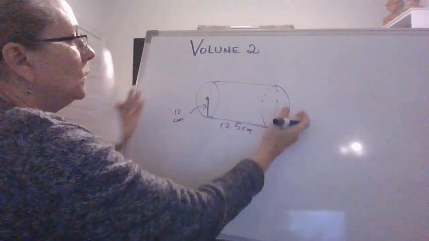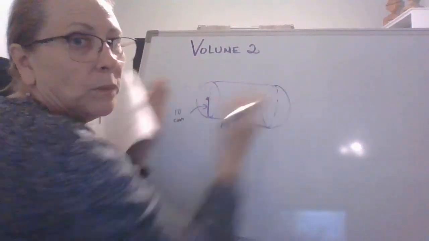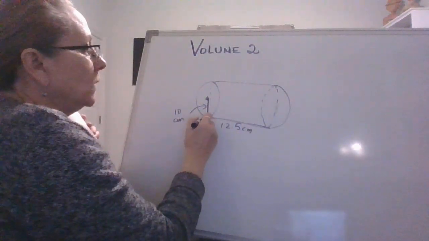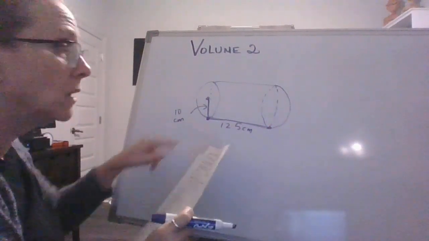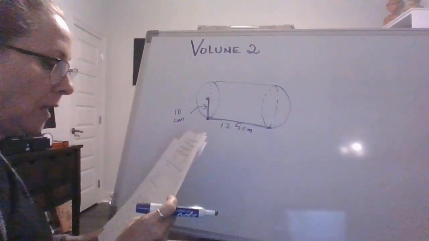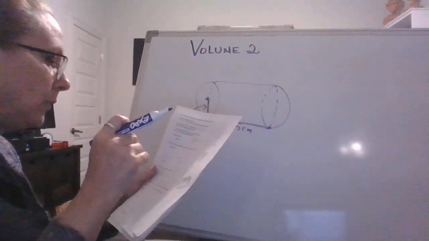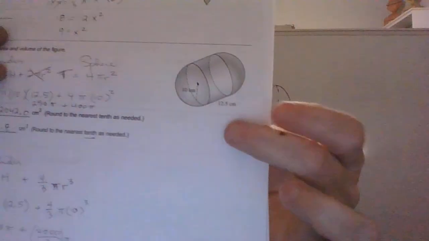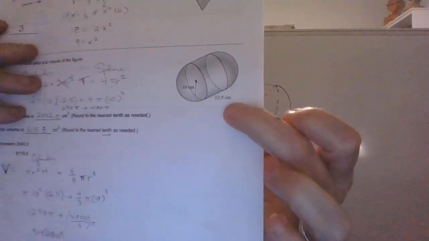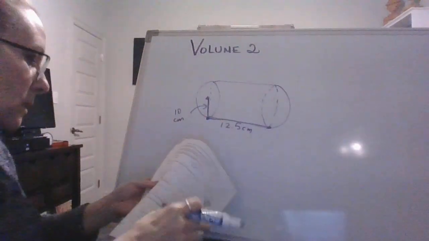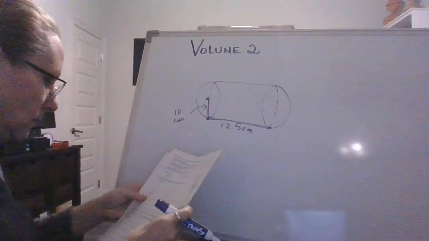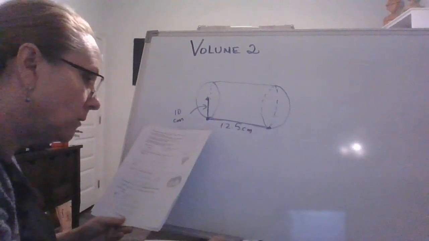Some of you might think it's going to go from here to here, but it doesn't. When they say the side length, it only goes from the nearest point to point. Watch out for that one, just in case you think it's going all the way across and you need to subtract anything from that. You don't have to.